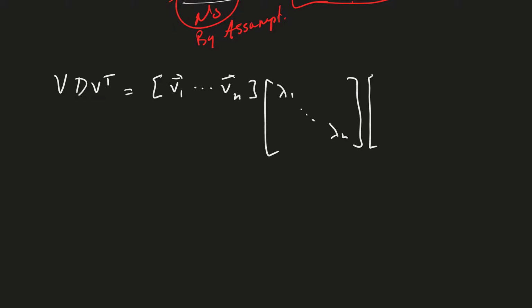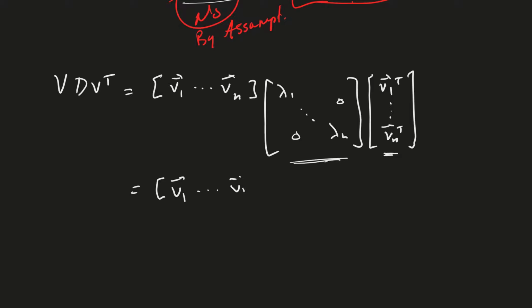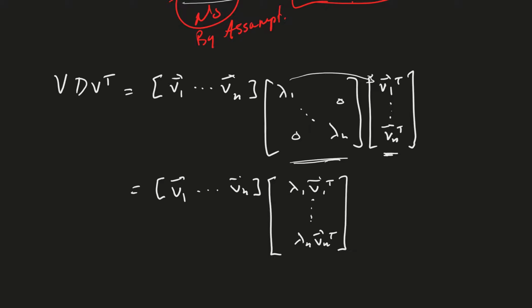And just to let you know how to work this notation, if I take this diagonal matrix times this matrix, what I end up with is V1 through Vn times, this is going to be lambda 1 V1 plus 0 all the way down, so that's just going to end up with lambda 1 V1 transpose down to lambda n Vn transpose.